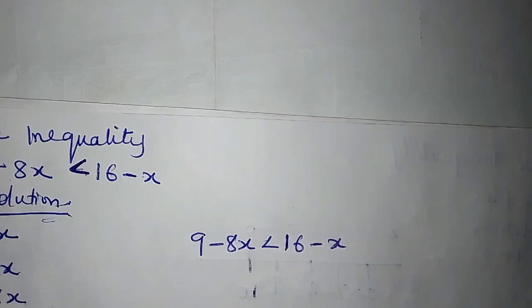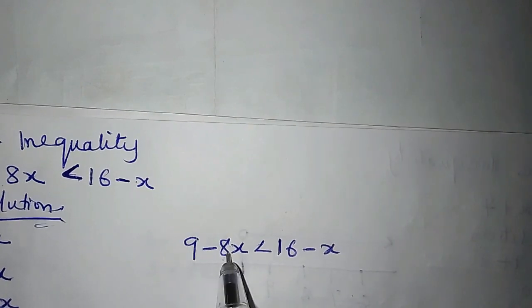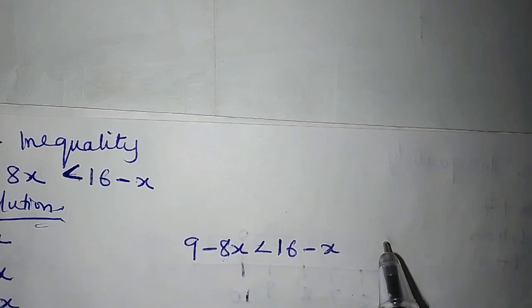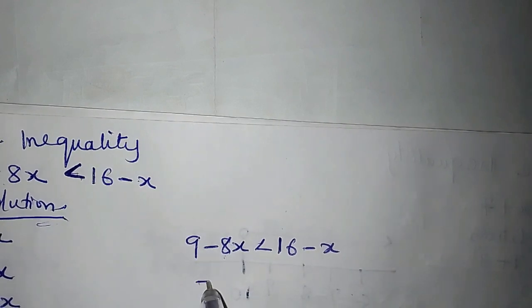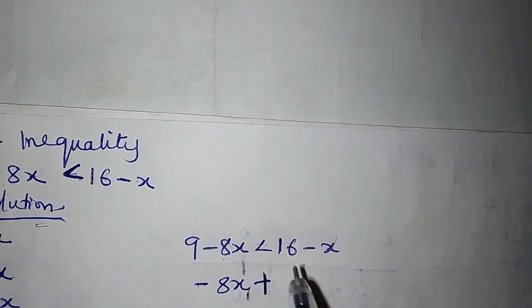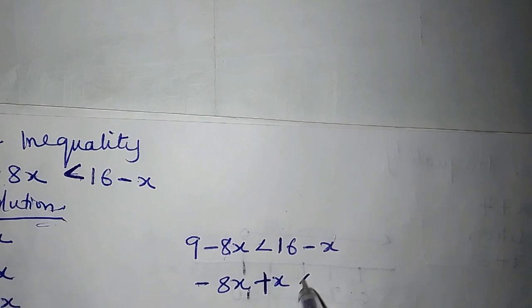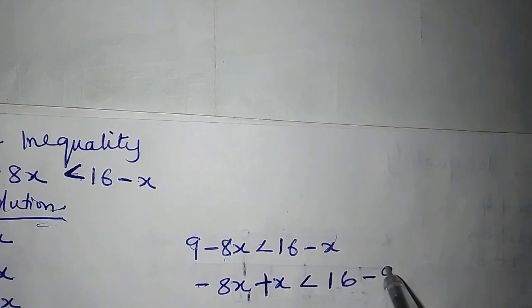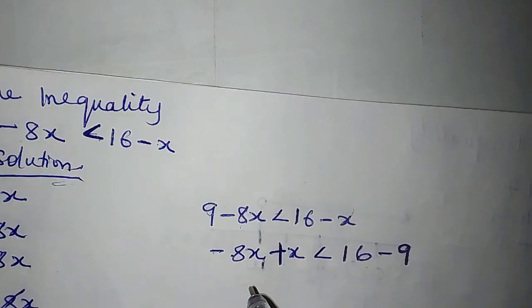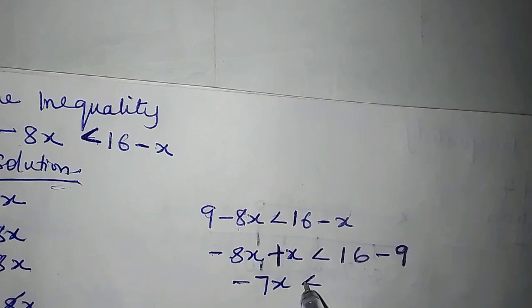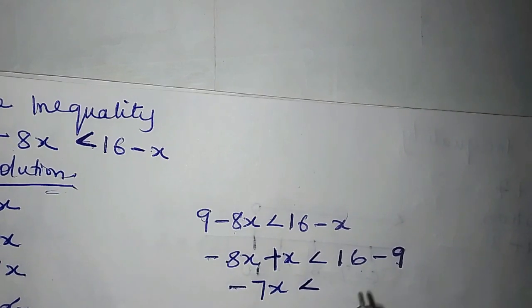Okay, let's collect like terms. Pack all the x to the left and all the non-x to the right. Minus 8x, this one crosses and turns to plus x, less than 16 minus 9. Minus 7x is less than 16 minus 9, which is 7.